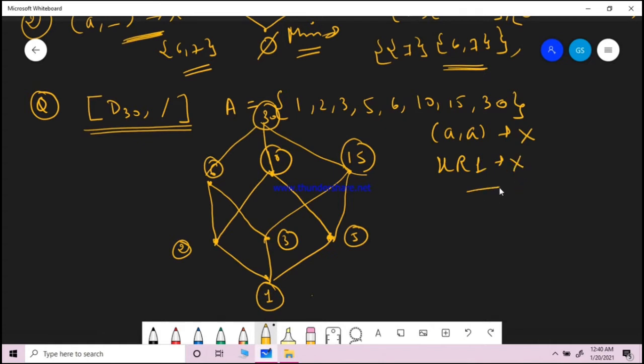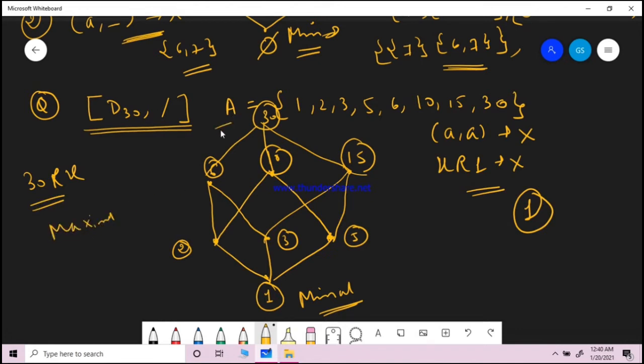This is never true. Okay, so 1 is the minimal one. In the same way, 30 will never appear in this side. So this is your maximal element. So this is maximal and this is minimal.